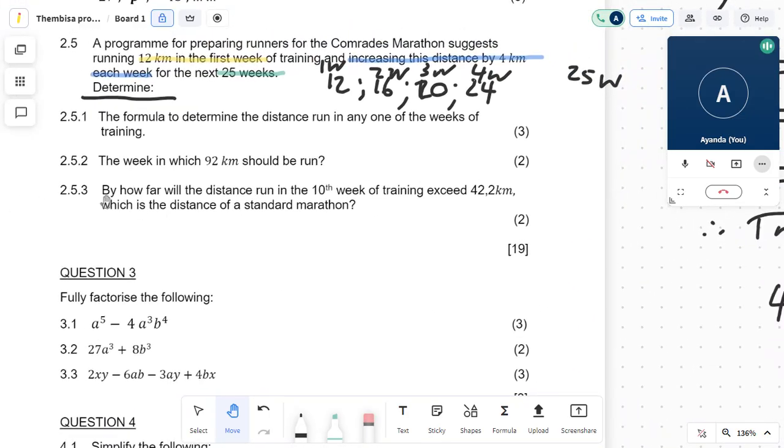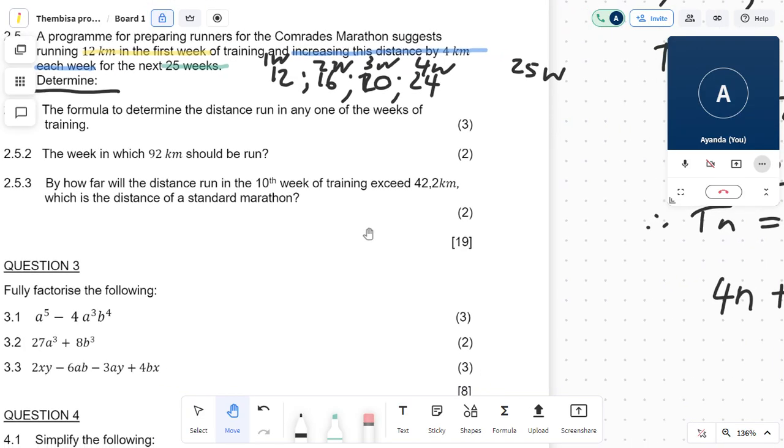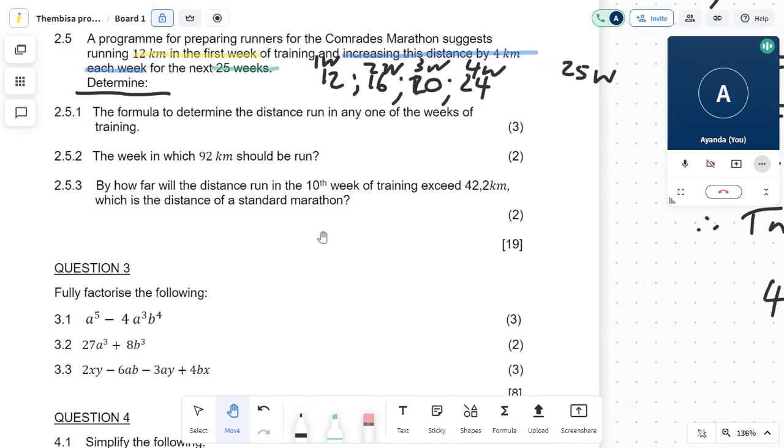2.5.3 asks us, by how far will the distance run in the 10th week of training exceed 42.2 kilometers, which is the distance of a standard marathon? So what we need to do is substitute 10 into our formula. Remember, our formula is 4n plus 8.